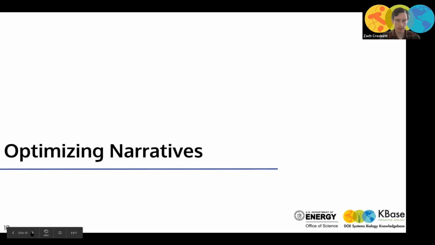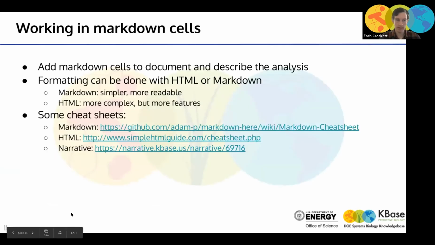And so now I'll talk a little bit about optimizing the narratives. This slide, if you did attend last year, is mostly the same. My biggest recommendation in general is to add markdown cells liberally all over your narratives to document and describe and record. We talk about narratives as electronic lab notebooks.